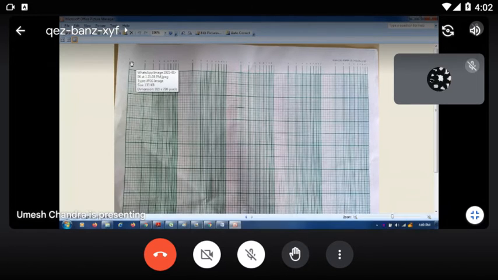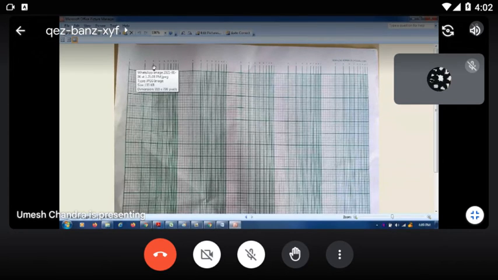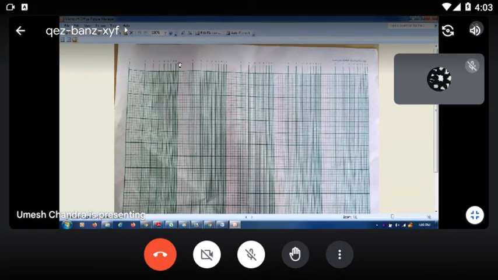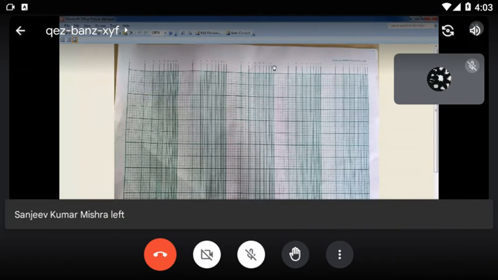Then 200, 300, 400, 500, 6, 7, 8, 900. Then after that 1 kilohertz, 2 kilohertz, 3 kilohertz, 4, 5, 6, 7, 8, 9, 10 kilohertz. Then after that 20, 30, 40, 50, 60, 70, 80, 90, and the last one is the 100 kilohertz.